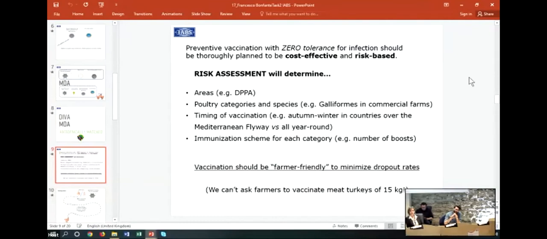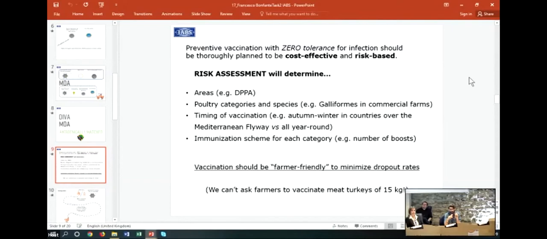So we've just been through a series of these options that we might think of when the CVO will come to us asking for a technical opinion. And another important aspect is that these vaccination strategies should be cost effective, and that will depend on the risk assessment. So we will need to target the right species at the right time, the right place, like the densely populated areas, and the right immunization scheme for each and different poultry category.